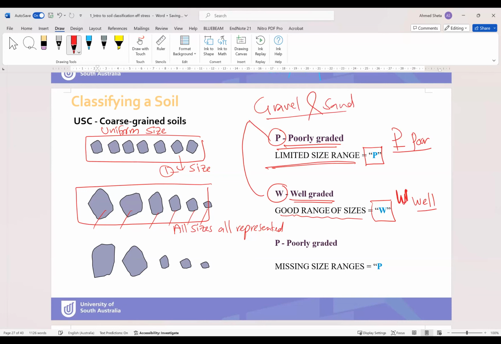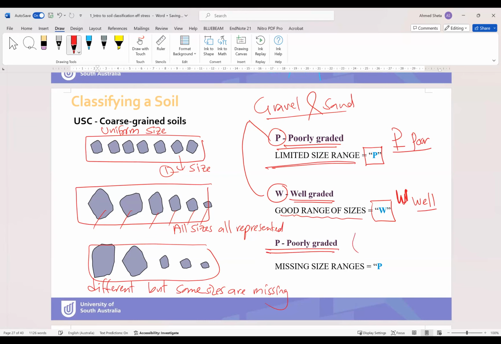Okay, we have something in the middle where we have different size particles, but some sizes are missing. We don't have a good distribution of soil, so we have some big particles and some small particles. So this is also considered poorly graded soil.